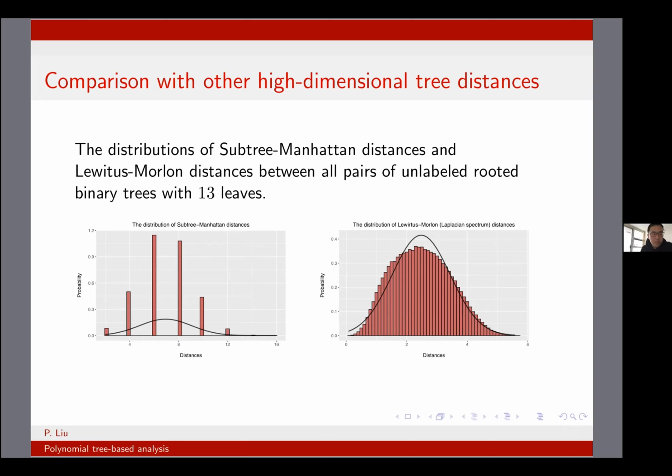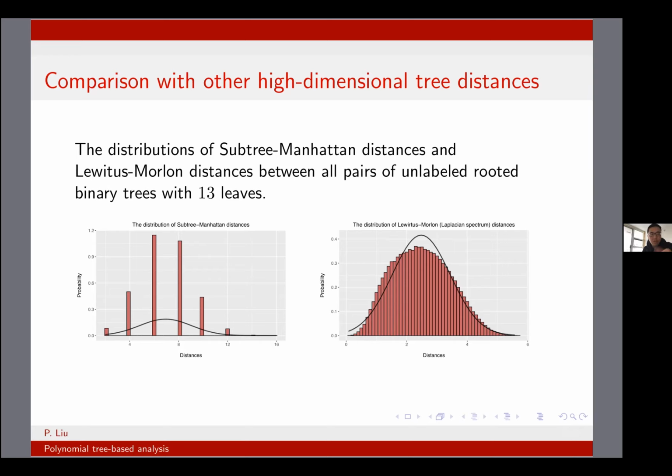And the other one is the Lewis-Morlan distance. That distance is based on the Laplacian spectrum of the trees. So first you compute the Laplacian spectrum of the trees as graphs, and then they compute the Laplacian density, if I remember correctly, and compare the densities with some Shannon entropy.